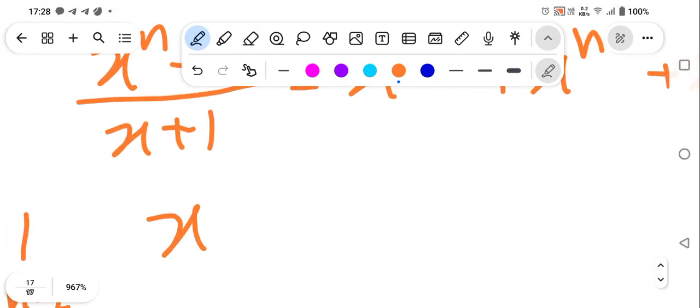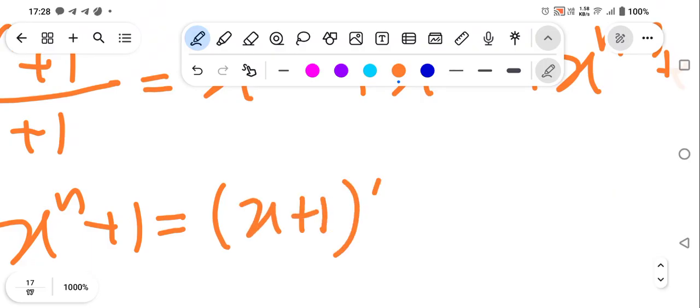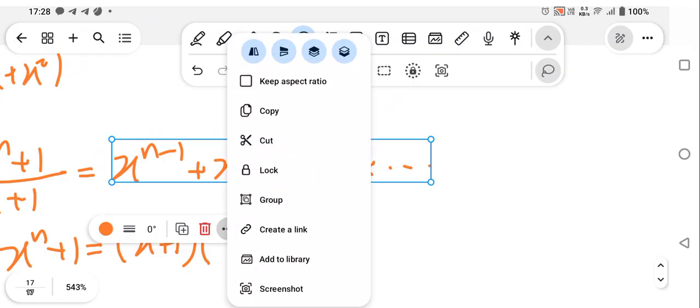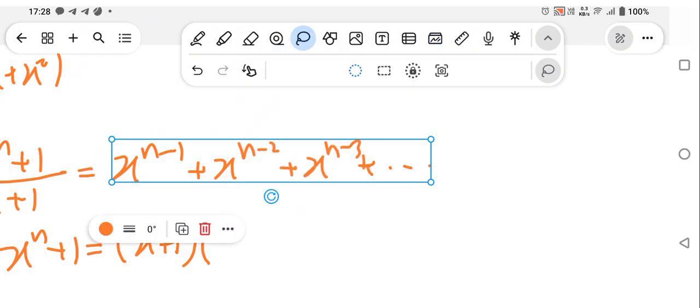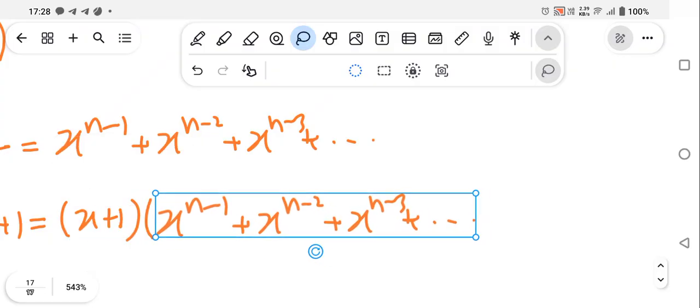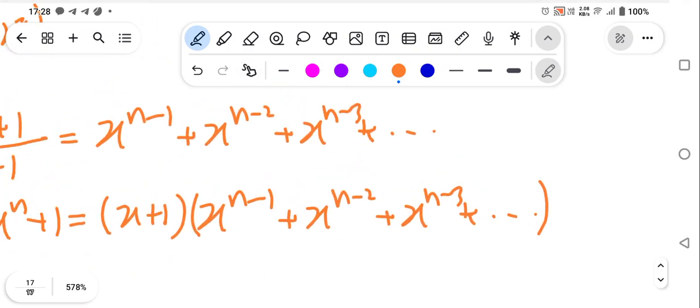So what's x power n plus 1? Well, this actually is equal to x plus 1, and then multiply the whole thing. Right. Cool, right? That's how they get.